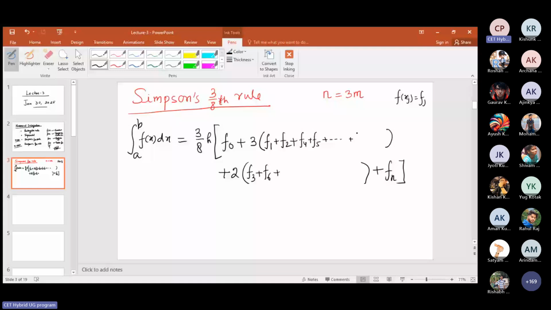Whatever the last point is n, you can easily see the term which will appear is f_(n-3). And here you will get f_(n-2) and f_(n-1). So the total number of functional points will be associated here. I hope you understood the formula. So this is how the formula will work.